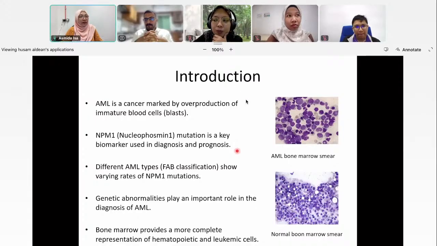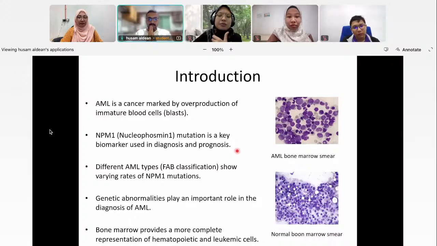As we said before, AML comes with many genetic abnormalities. One of them is the NPM1 mutation, a mutation in the gene nucleophosmin 1, whose role is in cell growth and the response to stress in the cells.